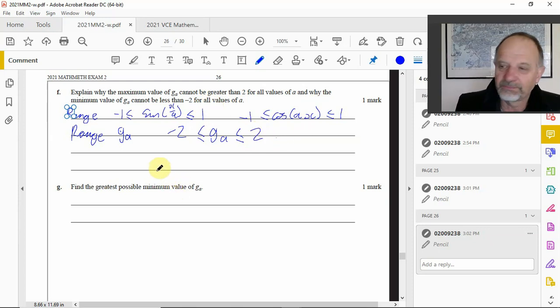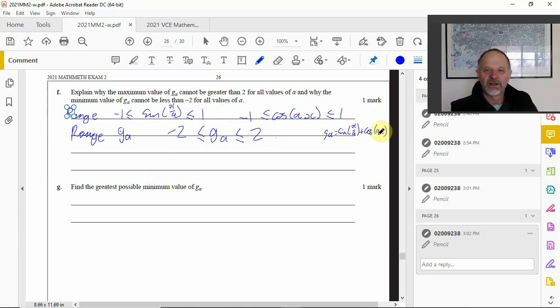Because GA, as we've said, GA is the sine plus the cos. So each of those ranges, add them together, you get that one there.